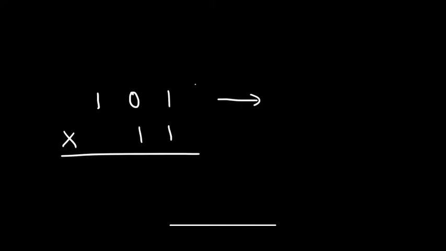Here is our second example. Let's say we multiply 101 by 11. First, let's see the decimal value of our given numbers. Let's convert 101 first.